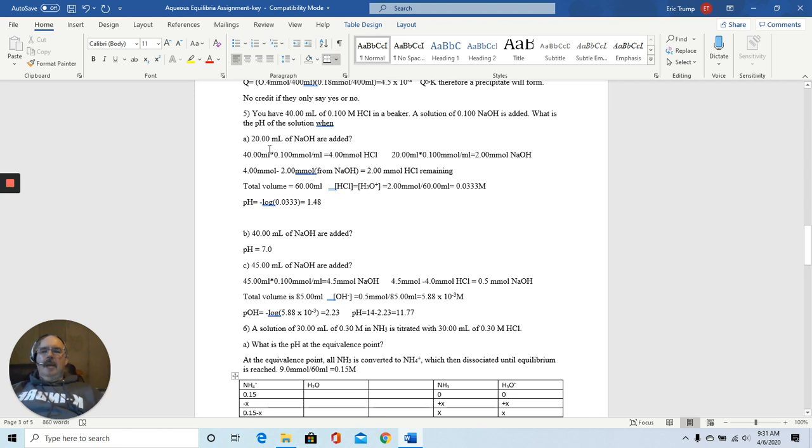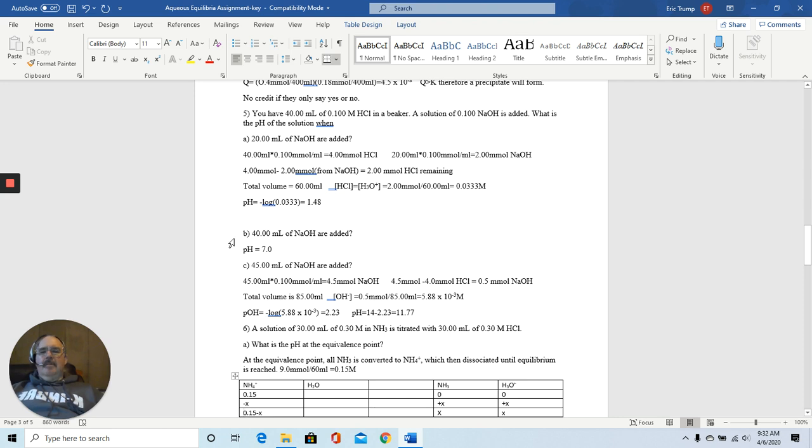And then we're going to add 20 milliliters of 0.1 molar NaOH. So that's 2 millimoles. The 2 millimoles of sodium hydroxide are going to neutralize 2 millimoles of HCl. So that means that we have 2 millimoles remaining.